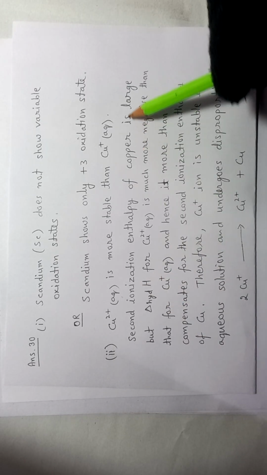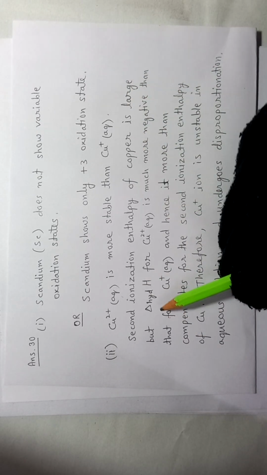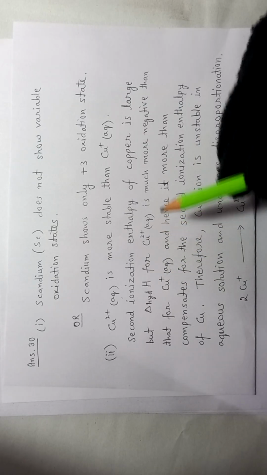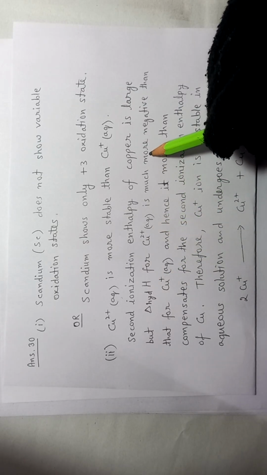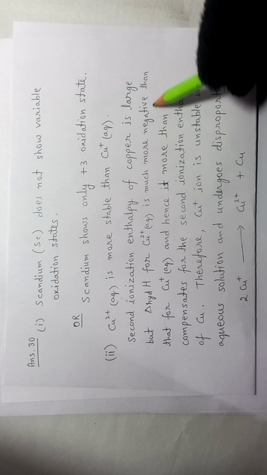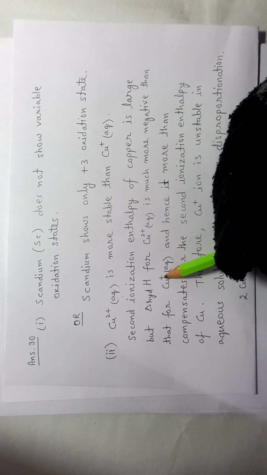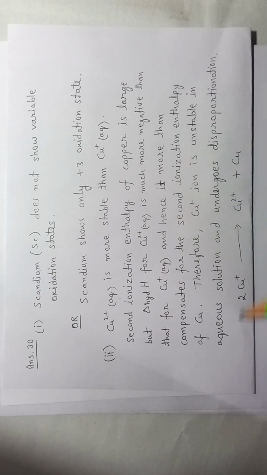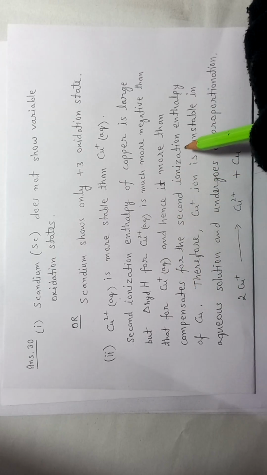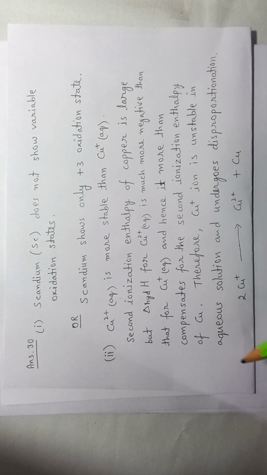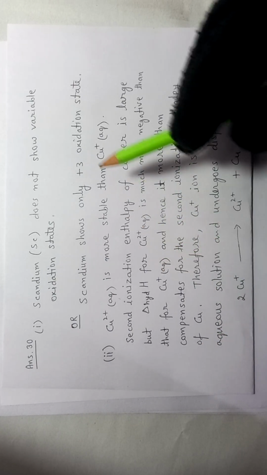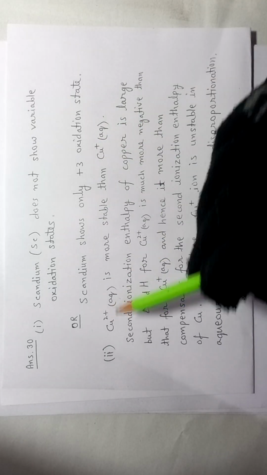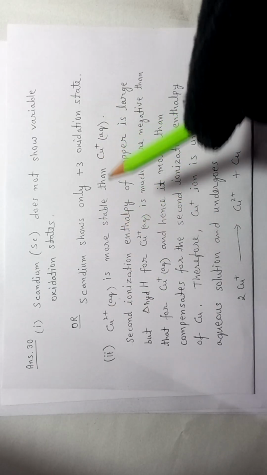The second ionization enthalpy of copper is large, but the hydration enthalpy for Cu2+ is much more negative than that for Cu+, and hence it more than compensates for the second ionization enthalpy of Cu. What happens here, students, is that when Cu+ is converting into Cu2+, ionization enthalpy is to be supplied to the species.